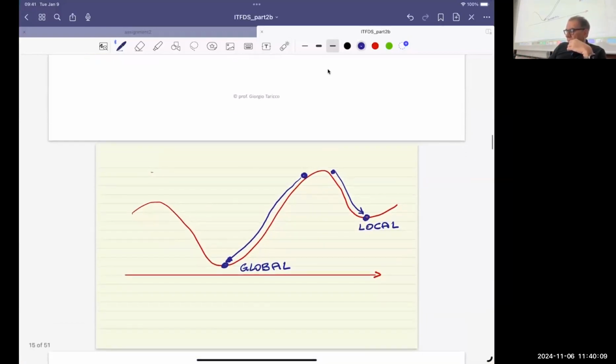So if the first time we put it here, we are lucky. But if the first time we put it here, maybe the second time we put it here, then we need a third trial, a third attempt to find the global minimum. So we take several initial random positions and hope for the best.